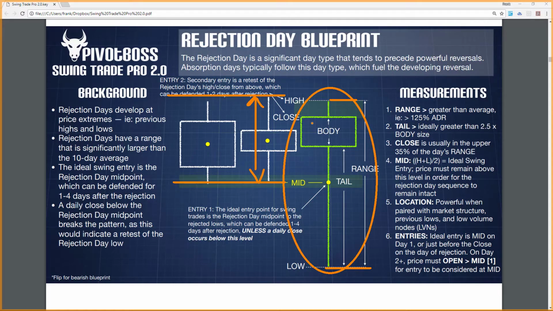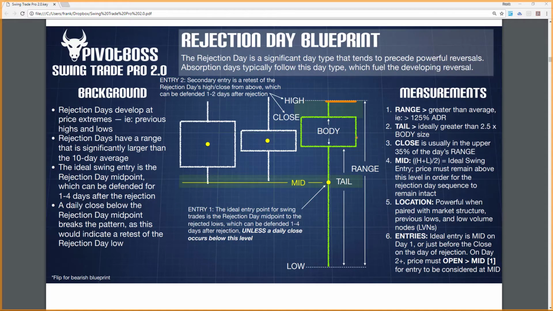The larger it is, the more significant that day is, the more significant the rejection is. Typically speaking, what we're looking for is a daily range that is at least 125% of average, and that would be significant.